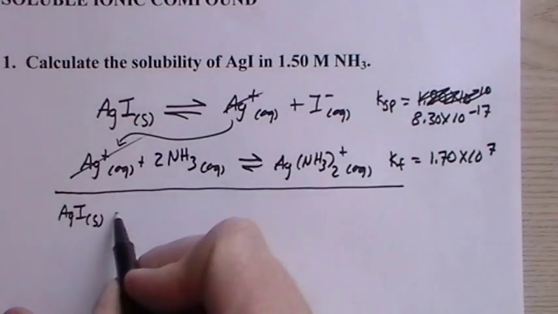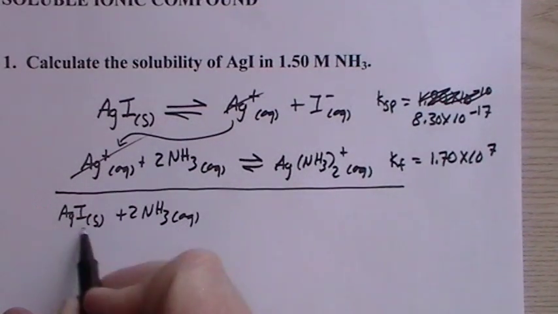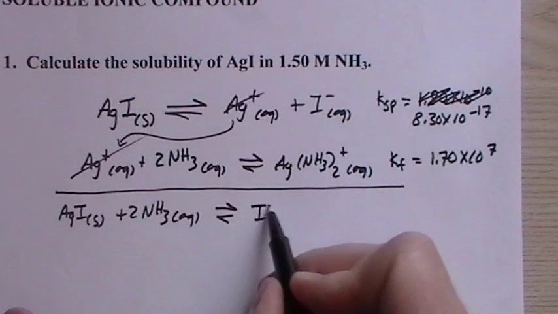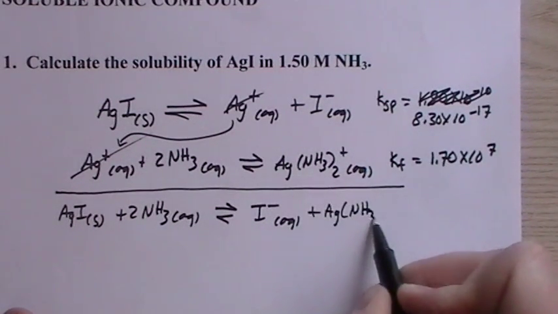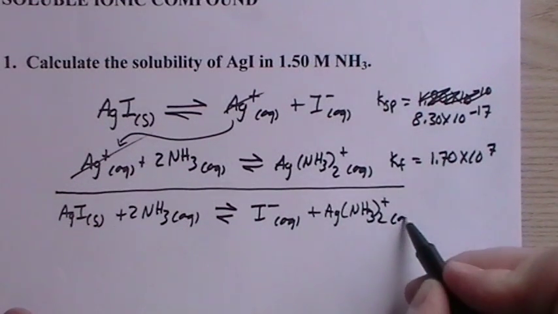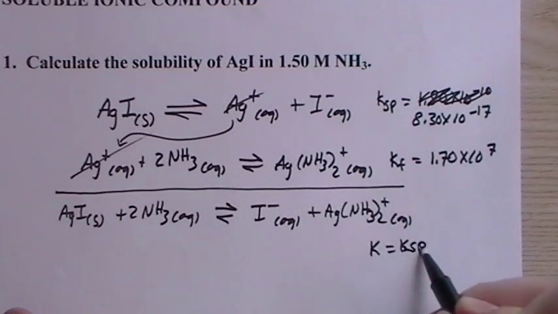See, the silvers cancel. So it really is saying the silver iodide sitting on the bottom of the solution reacts with the ammonia in solution to produce iodide ion and the silver ammonia complex.